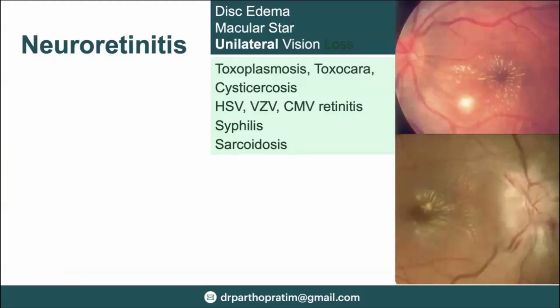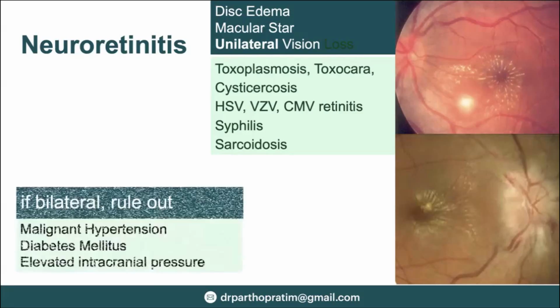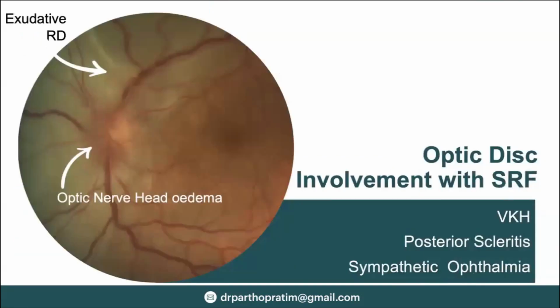Another important point is neuroretinitis. You have to understand neuroretinitis is characterized by disc edema, macular star, and unilateral vision loss. Unilateral is very important, because if you see a similar neuroretinitis-like presentation that is bilateral, then you have to rule out other systemic metabolic diseases like malignant hypertension, diabetes mellitus, and elevated intracranial pressure.